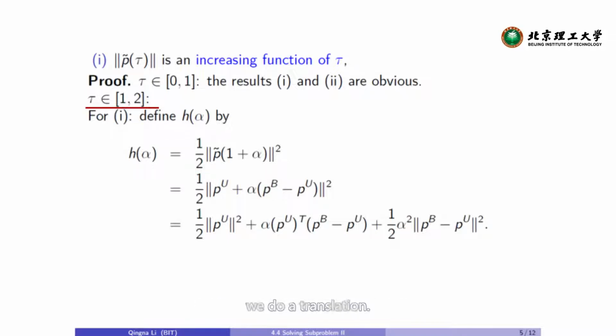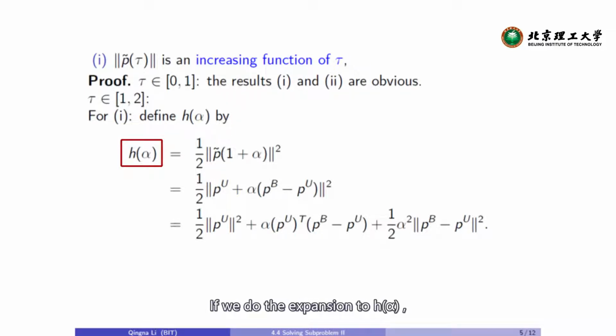Meanwhile, we do a translation. We replace tau between 1 and 2 by a function of alpha between 0 and 1, where 1 plus alpha is the original tau. Now for h alpha, the interval is between 0 and 1.